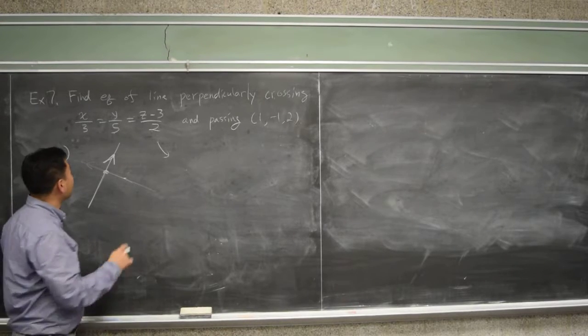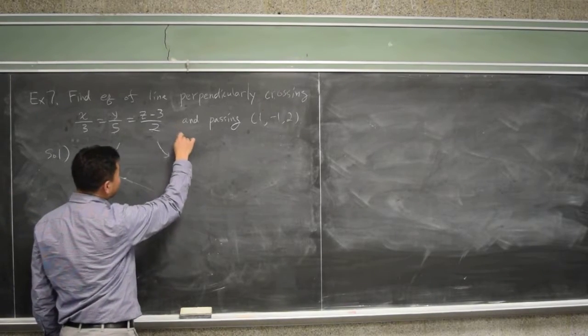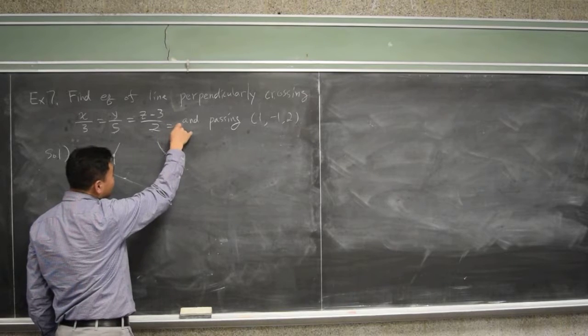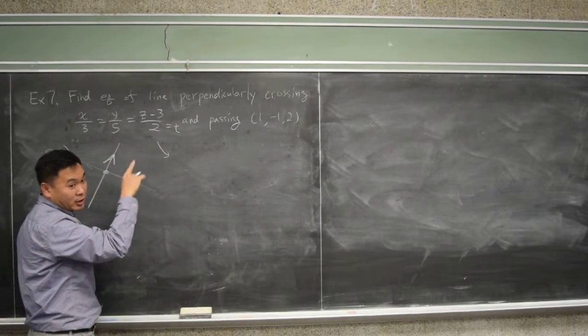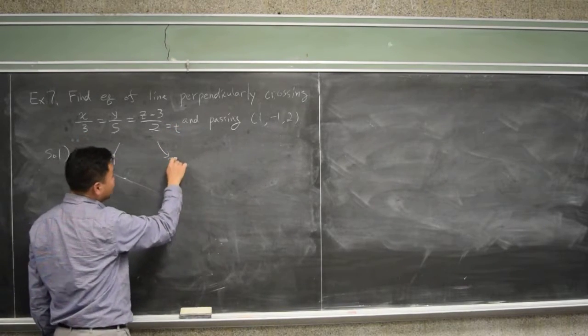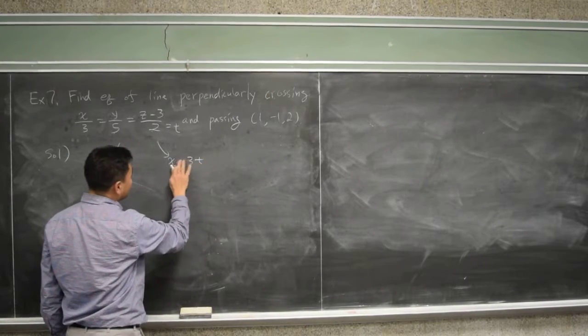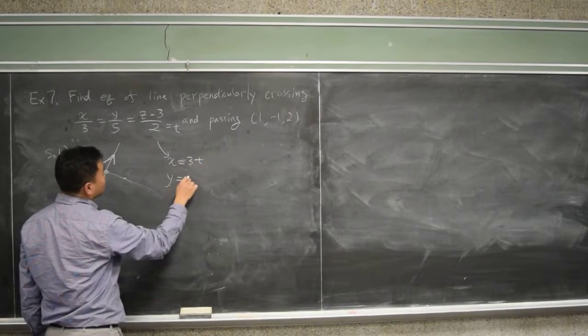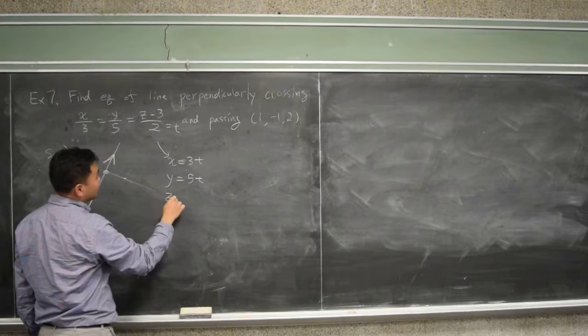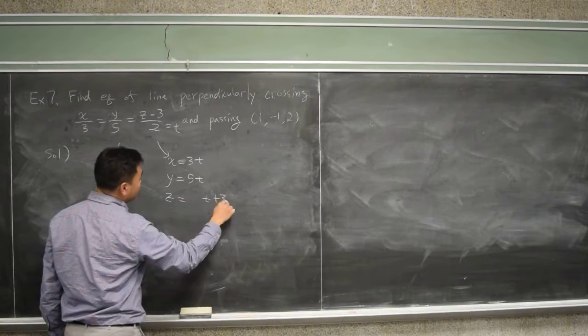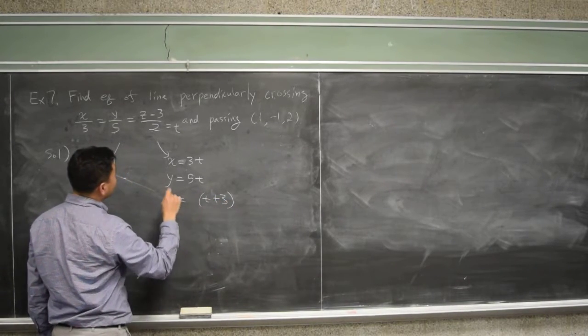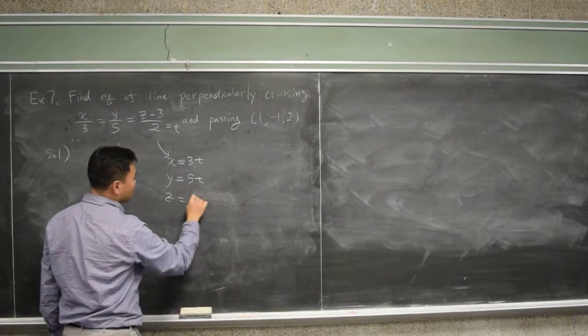How do you change to parametric form? Set equal to t and solve for x, y, and z. So x is equal to 3t, y is equal to 5t, and z is equal to 2t plus 3.